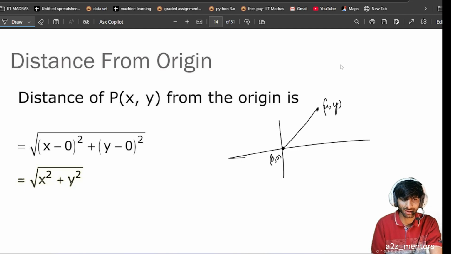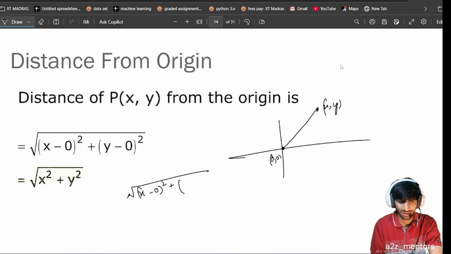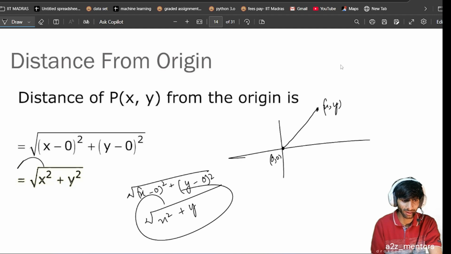What is x2? x2 is x, minus x1 which is 0, whole square, plus y2 which is y, minus y1 which is 0. So that is x square plus y square. Directly you got the value.